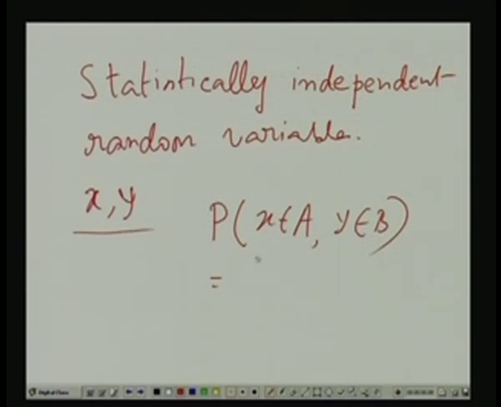The joint probability is nothing but the probability of x belonging to A multiplied by the probability of y belonging to B.